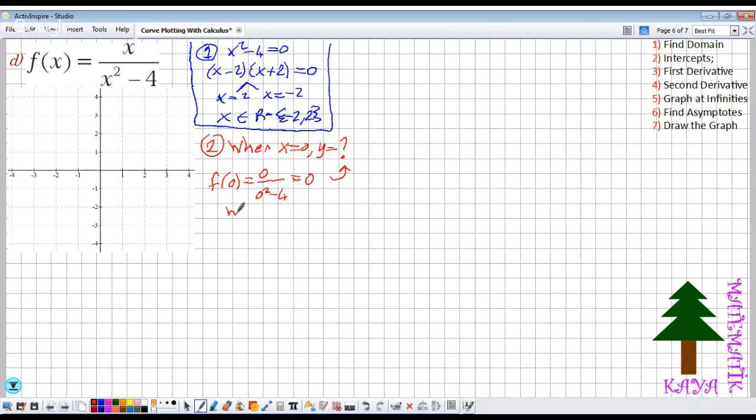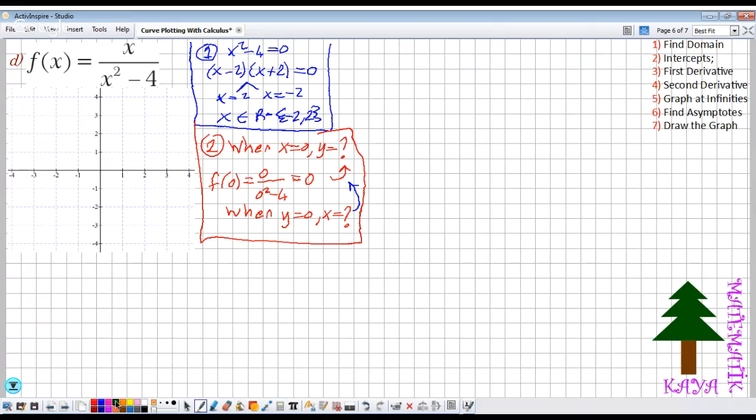If I look for the next one, when y is equal to 0, what about x? Actually, right now I am looking for exactly the same thing that I have found in here. When x is equal to 0, the result should be 0. That means when y is equal to 0, x should be 0. Actually, we are checking the same thing once again, so no need to calculate.